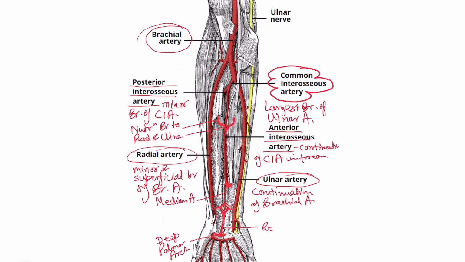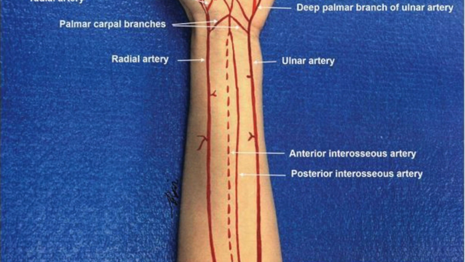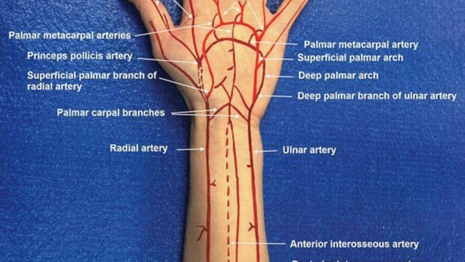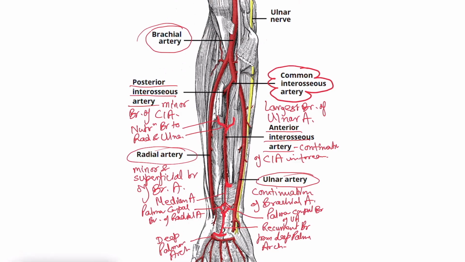This one is the recurrent branch from deep palmar arch, this is the palmar carpal branch of ulnar artery, and this is the palmar carpal branch of radial artery. So what you're finding here is a cruciate anastomosis at the front of the wrist in the forearm space of Parona.